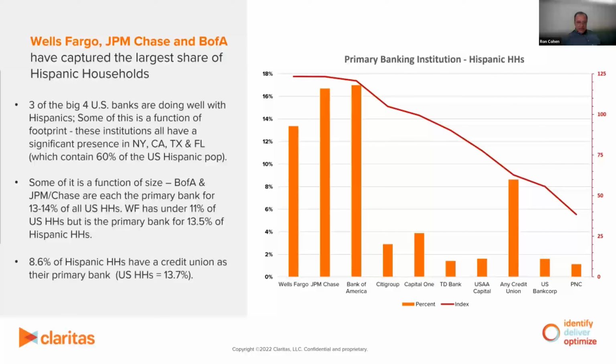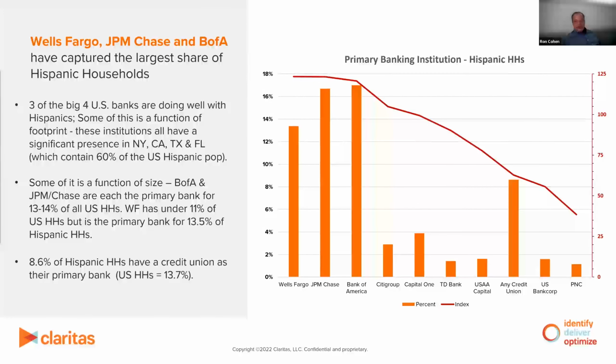Those 4 states have 60% of the US Hispanic population. If you add in Illinois, it's another 4%. Arizona, those 6, they're at 2/3. But the top 4 have 60%, and these banks have lots of branches there. So some of it is because of that.